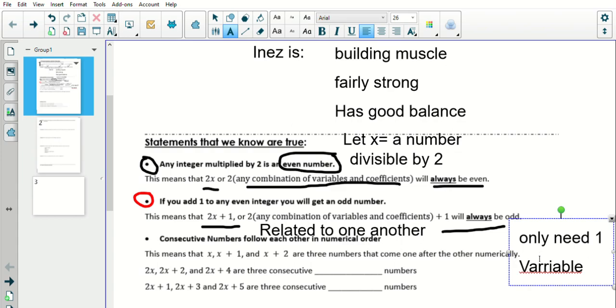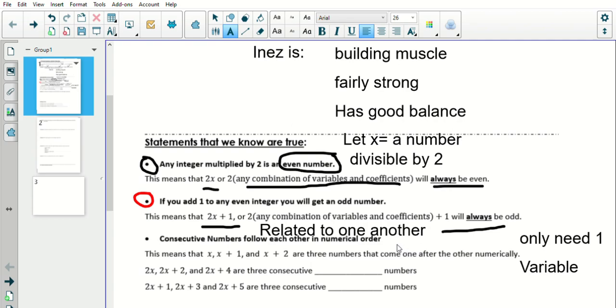Okay, so let's take a look. That means that x, x plus 1, and x plus 2 are 3 numbers that come after one another numerically.